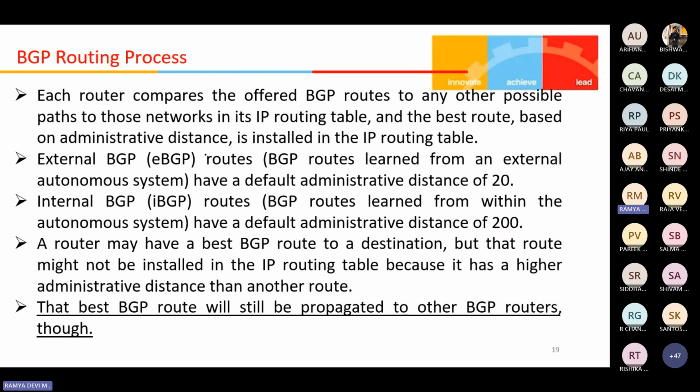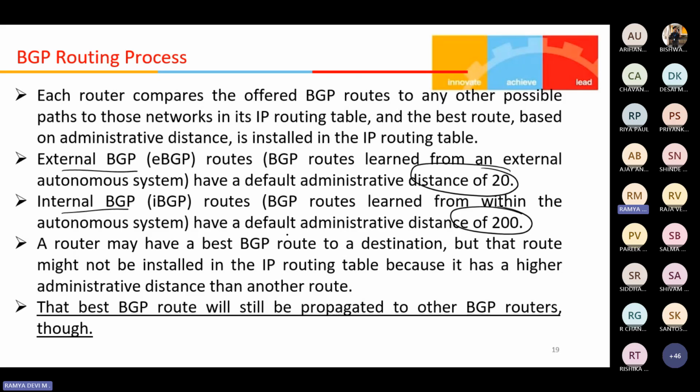inside the IP table. So the router, in that case, has the administrative distance. For administrative distance, you have external BGP routes and internal BGP routes. The administrative distance for external BGP is 20, and for internal BGP the administrative distance is 200. Only the route with the lowest AD will be installed in the IP routing table.